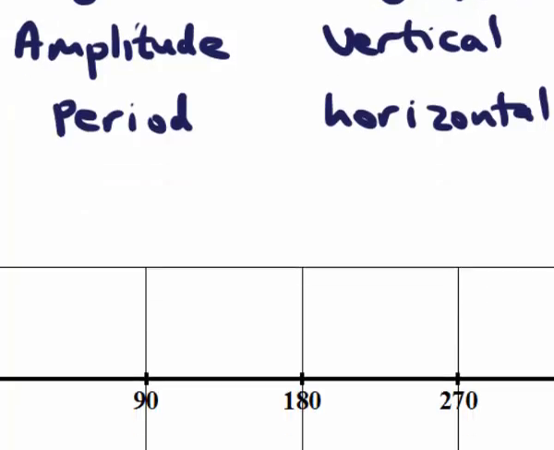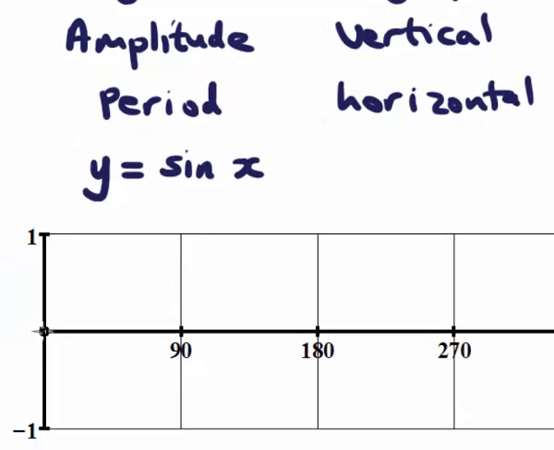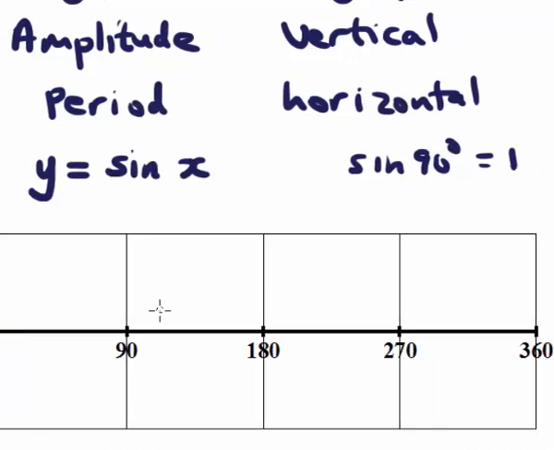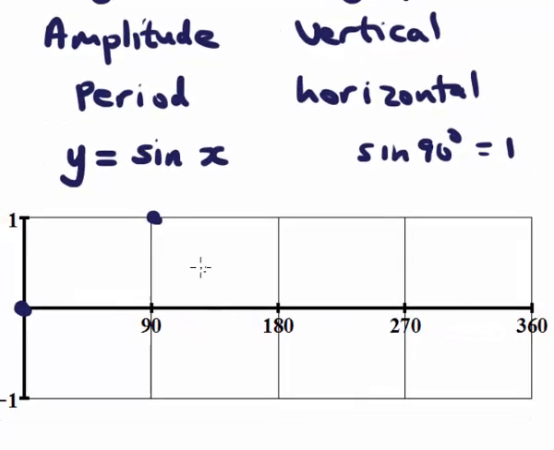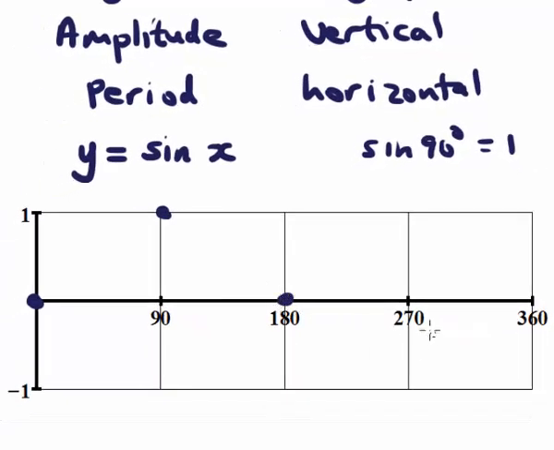And what I want to start off with is the graph of y is equal to sine x. If you remember from grade 10, the sine x starts at naught. So the sine of naught is naught. The sine of 90 was equal to 1, if you remember, and there was a dot there. The sine of 180 was naught. The sine of 270, negative 1, and 360 is naught.